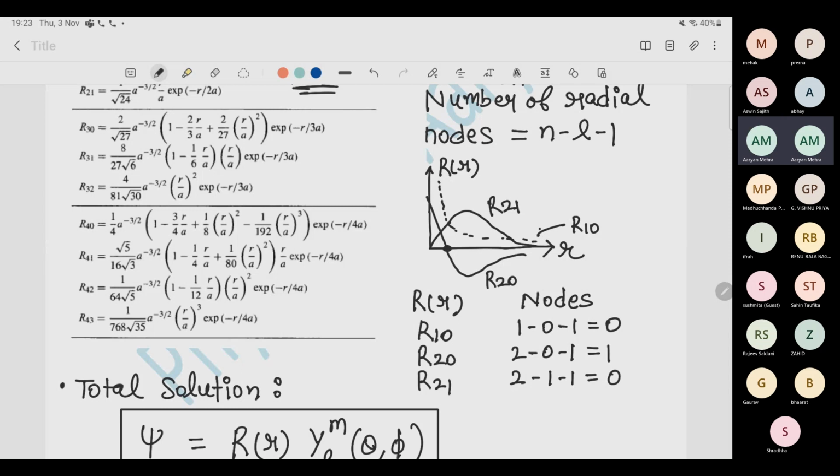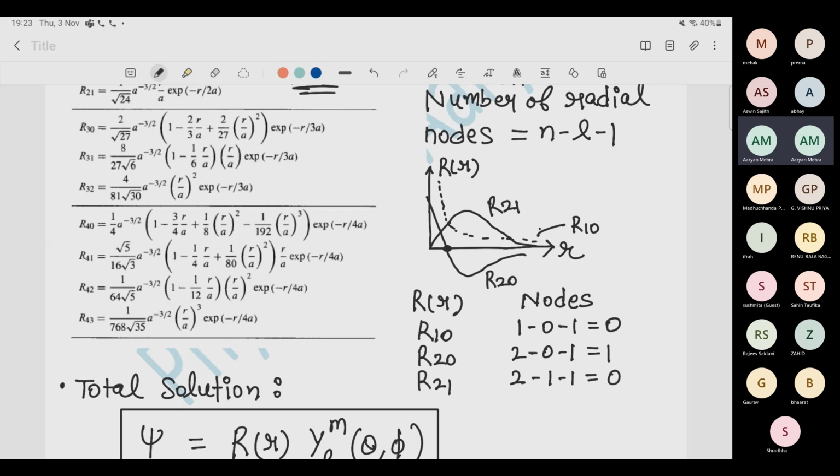Very simple theory. Sir, is it related to some kind of probability, this radial node? Yes, nodes are always related with probability. See, your wave function, if you take its complex conjugate into this, if you square it, then you get a probability.